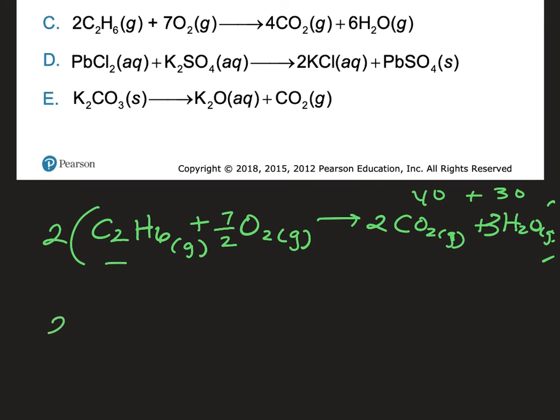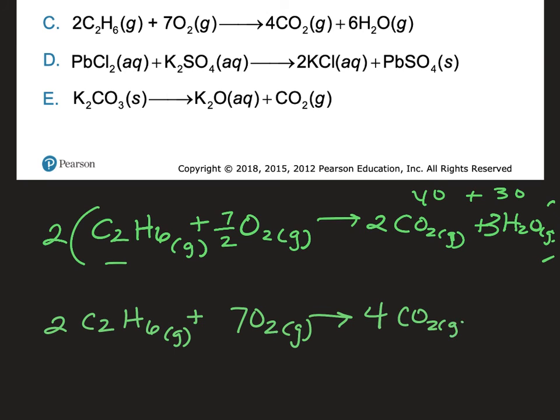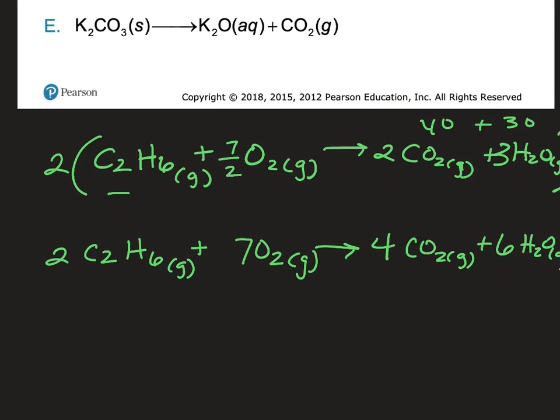So that we'll see that we have 2 times C2H6 plus 7 oxygens. Let me just put my states of matter in. That will give us 4 carbon dioxides plus 6 waters. So let's just see if we're balanced now.